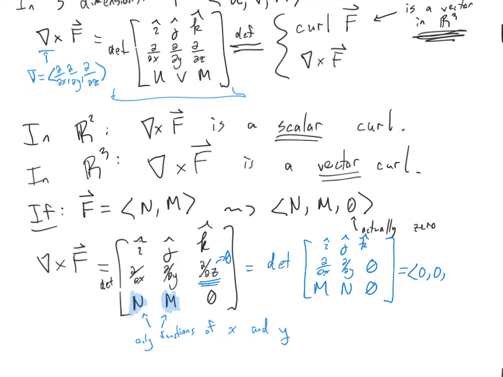So then that's actually 0, 0 because of those 2 zeros, and the z component becomes nx minus my, which is exactly the scalar curl in 2 dimensions for f.